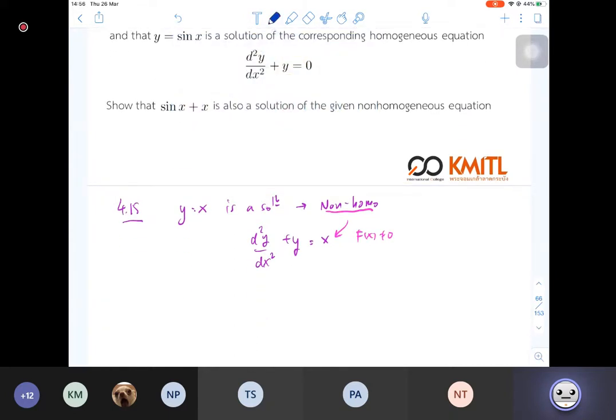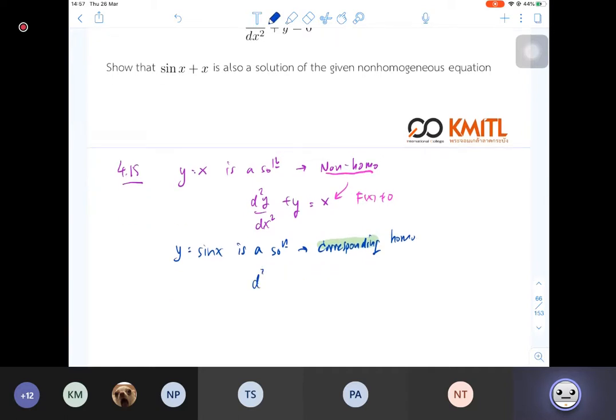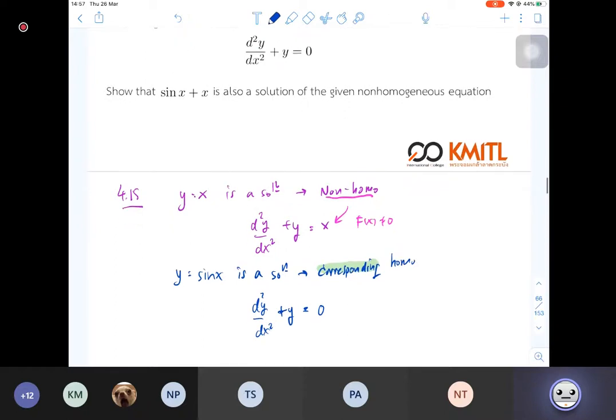And another solution is y equal to sine of x. This is a solution to the corresponding homogeneous. Corresponding means you get the same left-hand side, but the right-hand side you get 0.